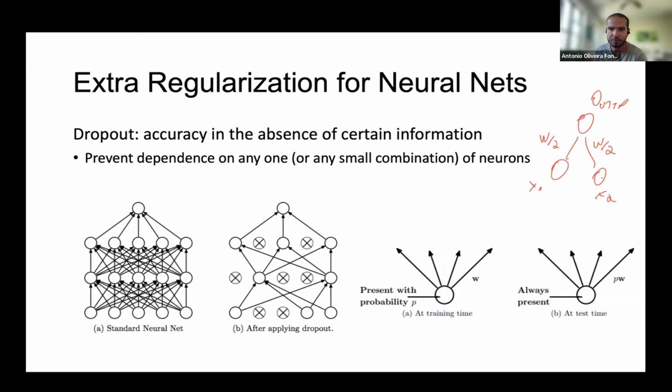I have some degree of redundancy between these features, even if they're highly correlated. I want to pay attention to both because sometimes one of them is corrupted, so I can still rely on the second one to make my prediction.